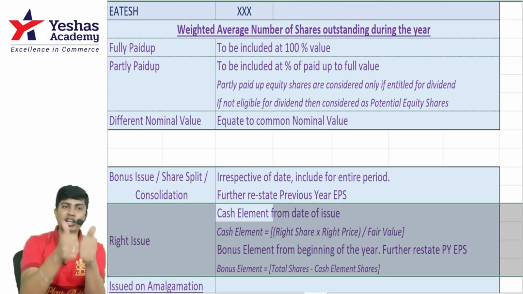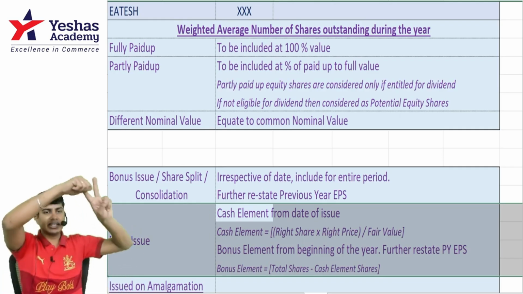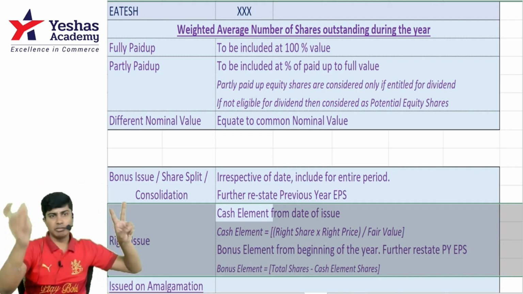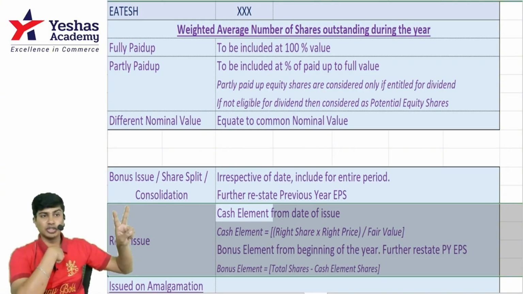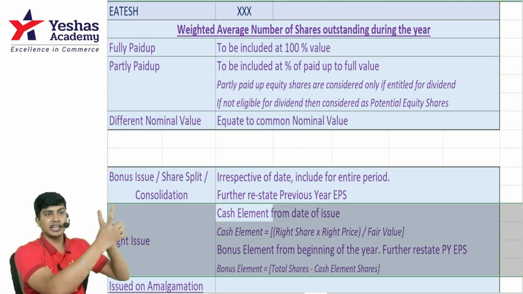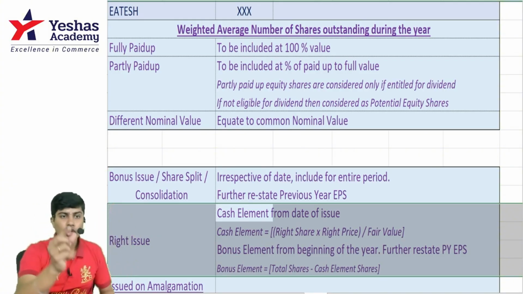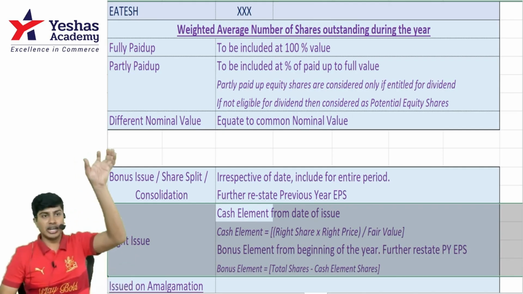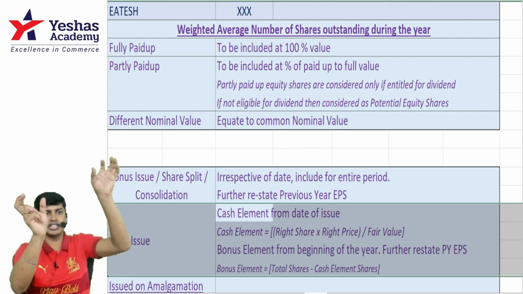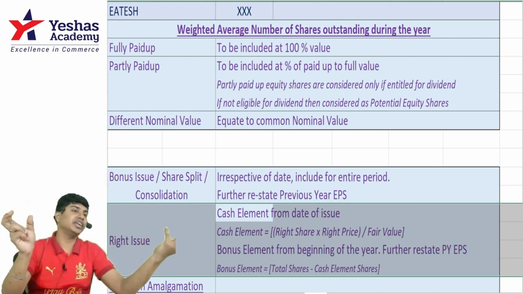Those shares are issued for cash. I'll repeat, you'll take right issue price multiplied by number of right shares. Whatever you get is the total value paid by the shareholders to the company. Divide it by theoretical ex-right price. Whatever value you get, those many shares are given for cash consideration. Out of the total right shares, these many shares are given for cash consideration. Balance shares are free.